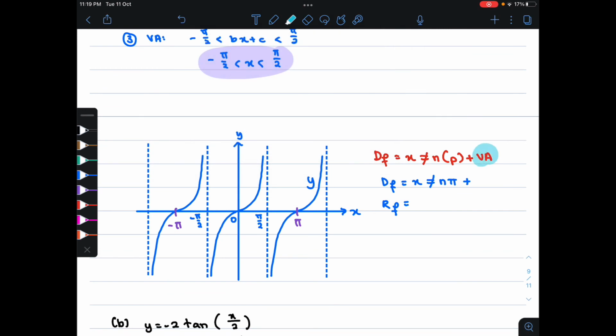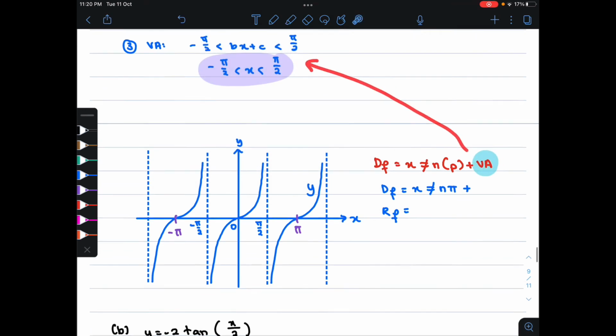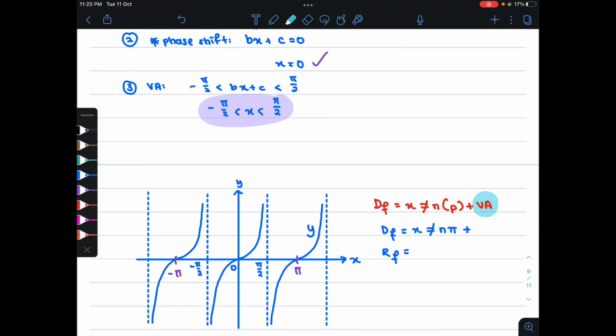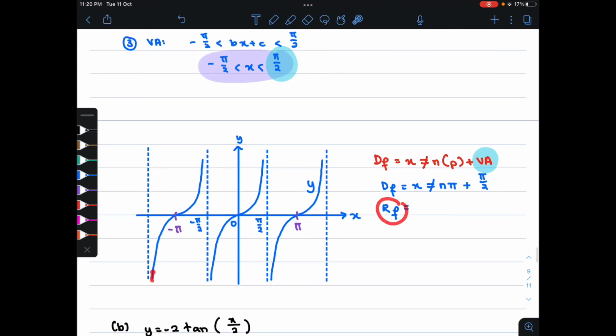The vertical asymptote comes from here. Just pick the vertical asymptote that is positive. So the positive vertical asymptote is pi over 2. That's for the domain. Now for the range, as you can see, the graph goes from negative infinity to positive infinity. So that's how you sketch the tangent graph and find the domain and range.